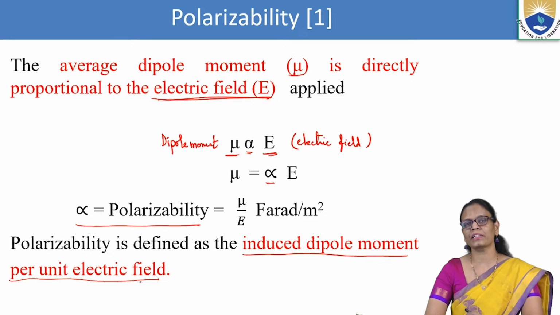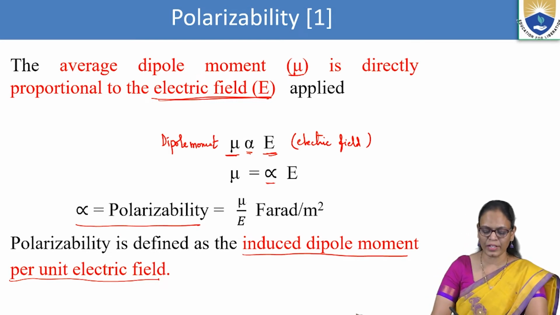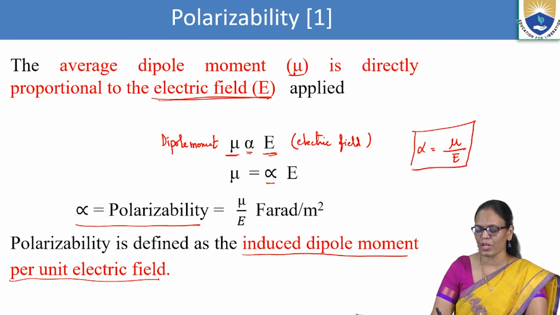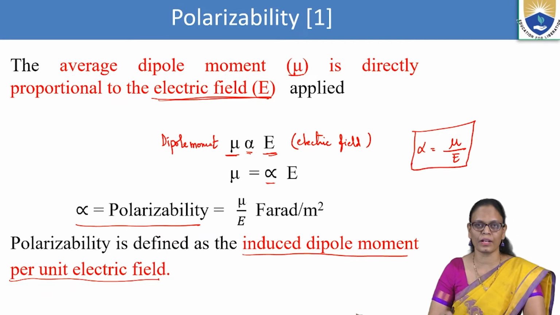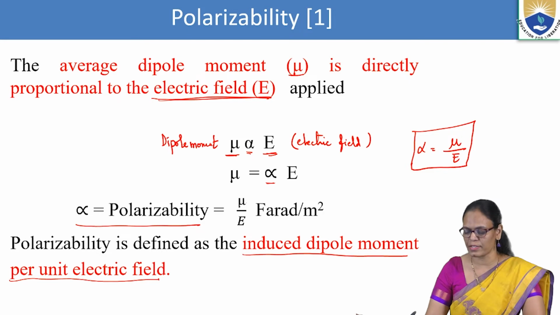So if you have to write the definition, it is the induced dipole moment per unit electric field, and the formula is alpha is equal to mu upon E. And what are the units? Farad per meter square are the units for polarizability.